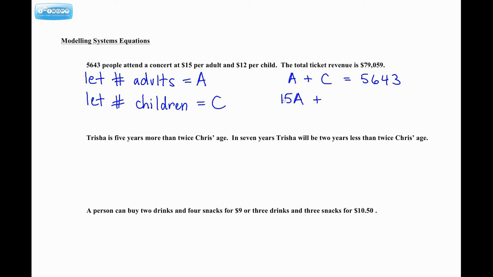Okay, because that's $15 per ticket times the number of adults that attended. And similarly with children, $12 per child times the number of children, and when you add those together, we should get the total ticket revenue. So that was $79,059. Okay, we are done.